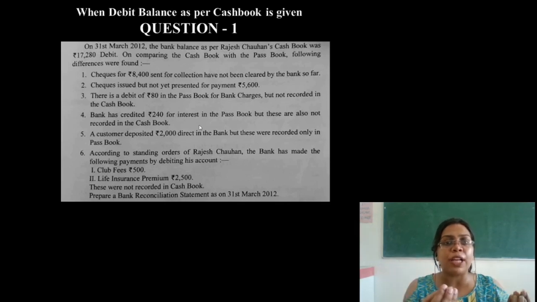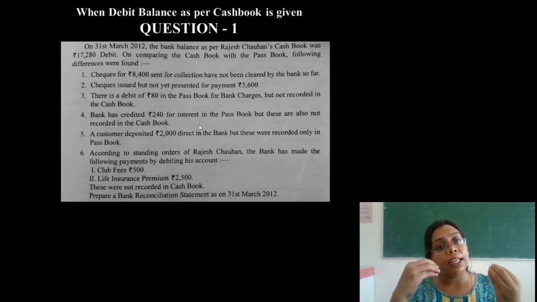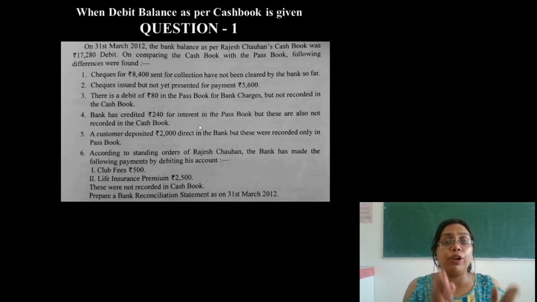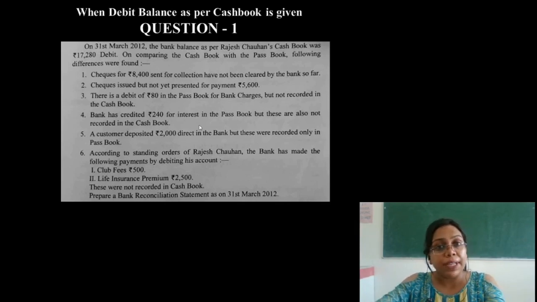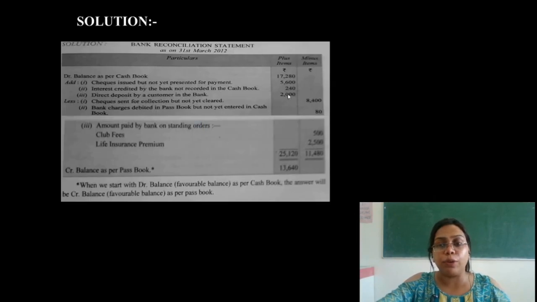So when I see the passbook, I will add this 240 rupees to my cash book in the bank column, and in BRS also I will add this 240 rupees. Interest credited by bank but not recorded in the cash book. We will write this 240 rupees in the plus items.